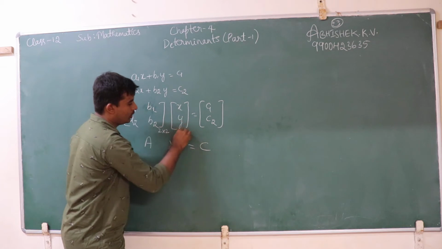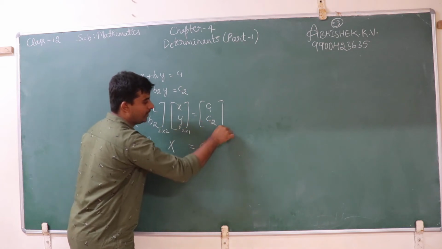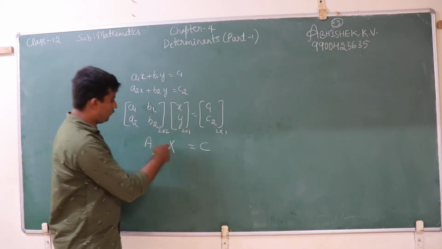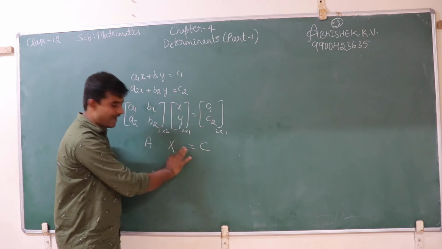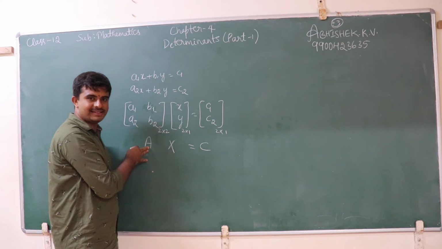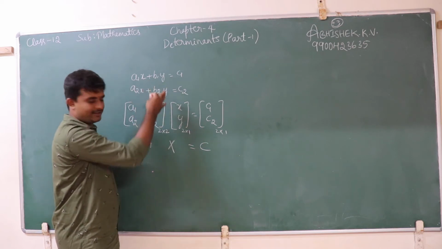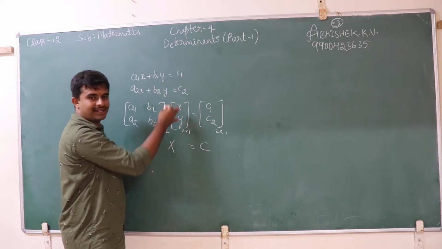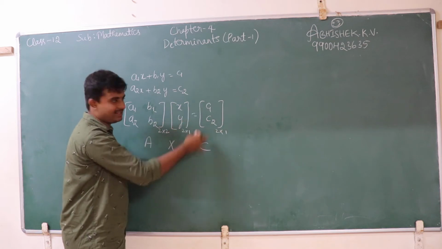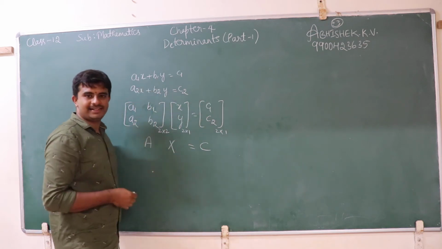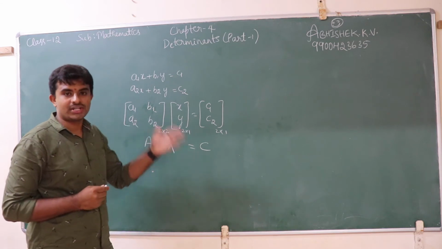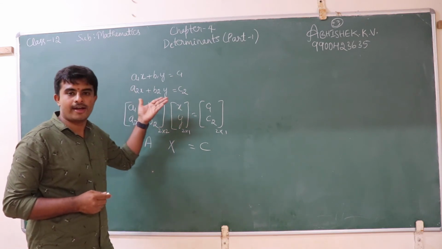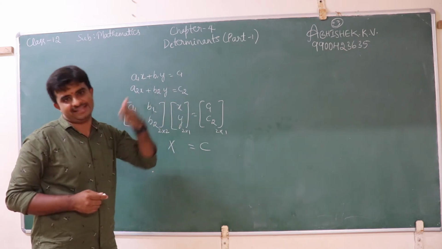This has order 2 cross 1, this also has order 2 cross 1. Therefore, I write this system of linear equations as AX is equal to C, where A is the coefficient matrix, X is the matrix containing the variables x and y, and C is the constant matrix. See, now the question arises whether this system of linear equations has uniqueness or not.